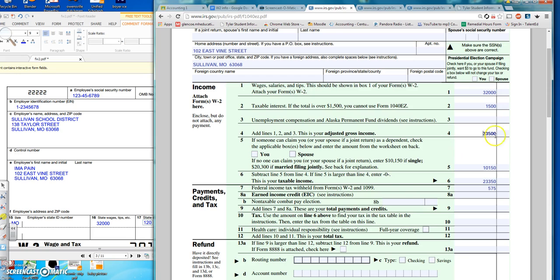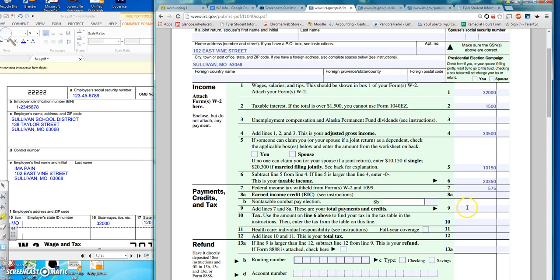So in essence, the earned income credit would be for individuals or families that are below a poverty line, generally with kids. And so since she's a single working adult making above the poverty line, we will not be taking the earned income credit. We're going to take 0 for combat pay election because that wasn't given to us in our scenario.